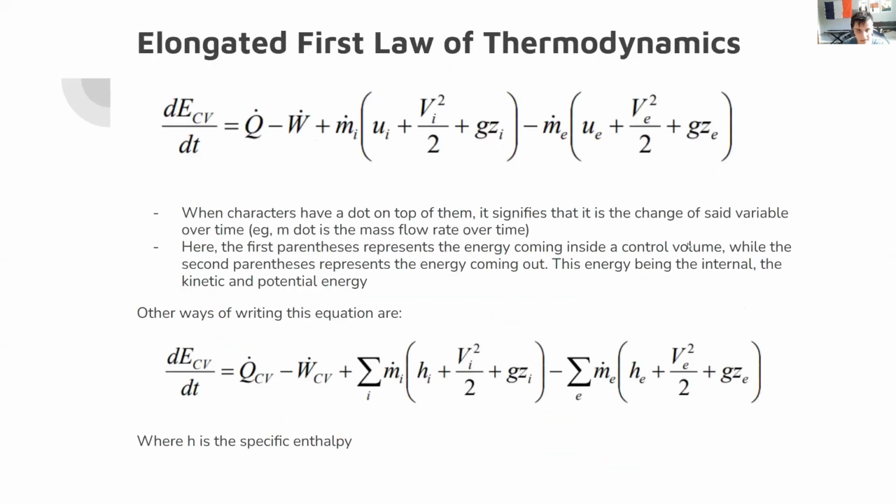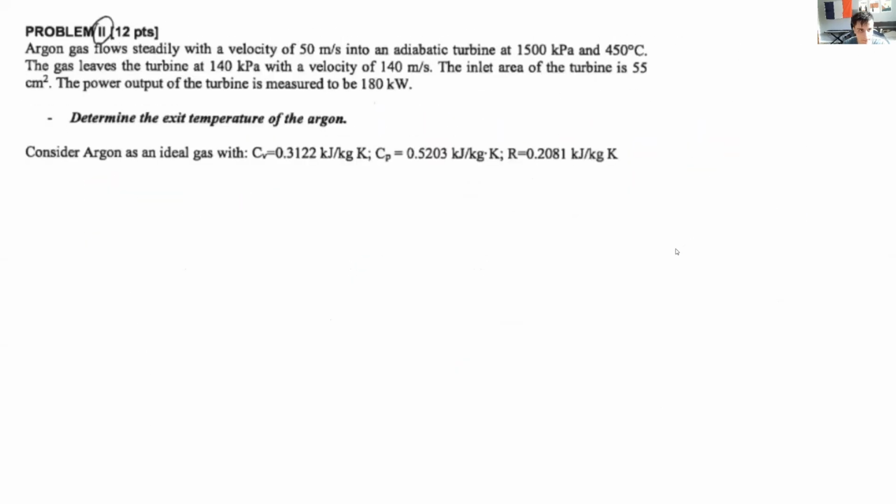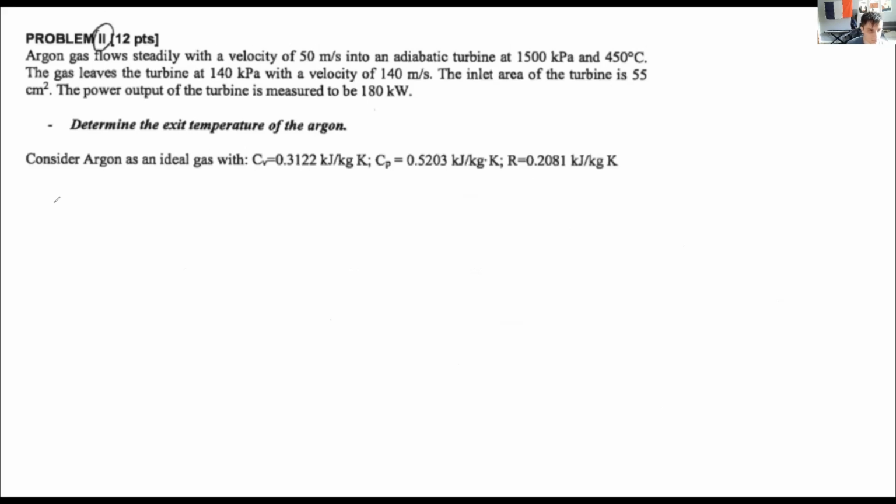Okay, so I'll go over this one. State 1, we are given V1 is equal to 50 meters per second.